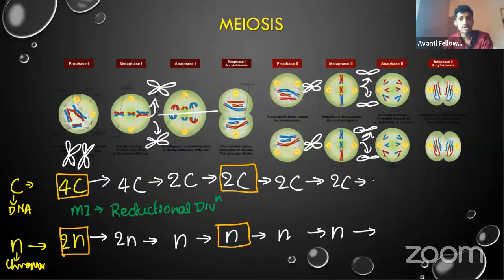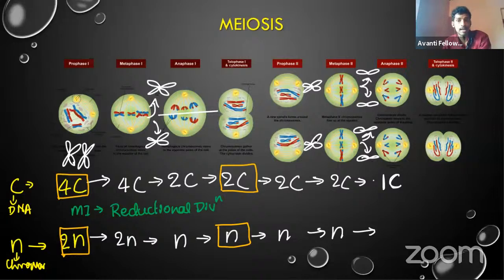Guys, can you now tell me what may be the chromosome number and DNA content in the anaphase? Exactly. Here the DNA content is getting reduced from 2C to 1C. Why does it become 1C?